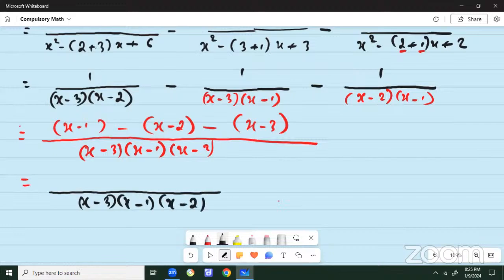Okay. Tell me the final answer. Anybody out there? What is the final answer? What is the simplest form of the numerator?